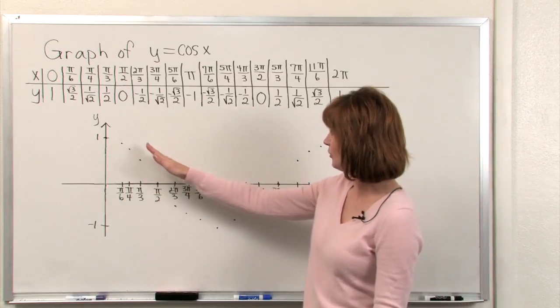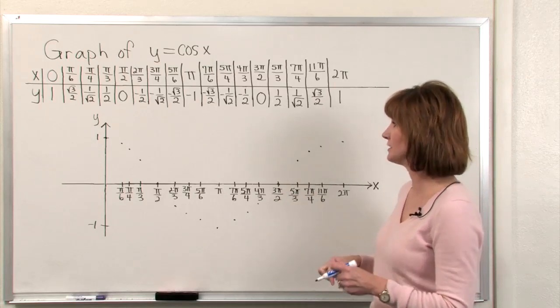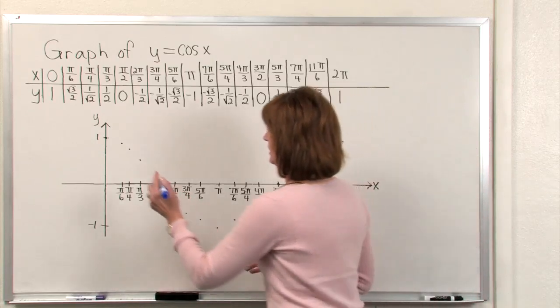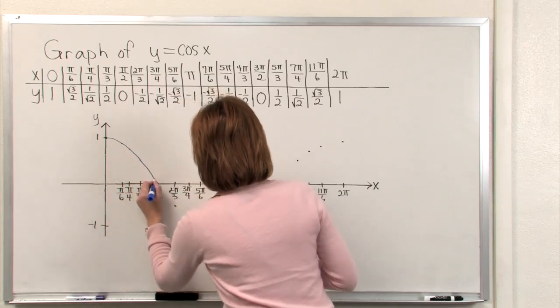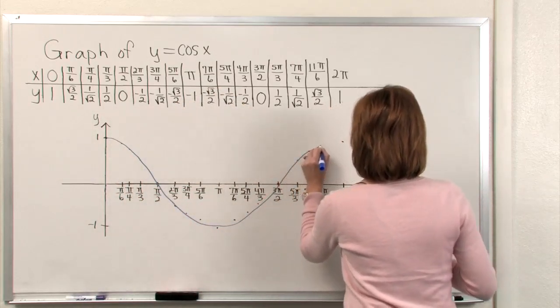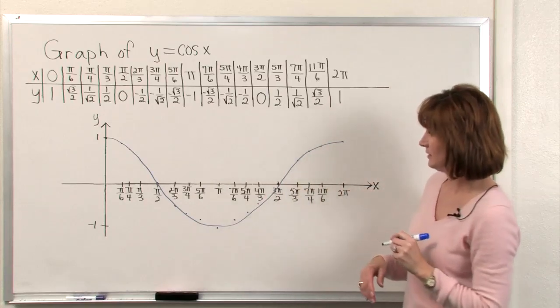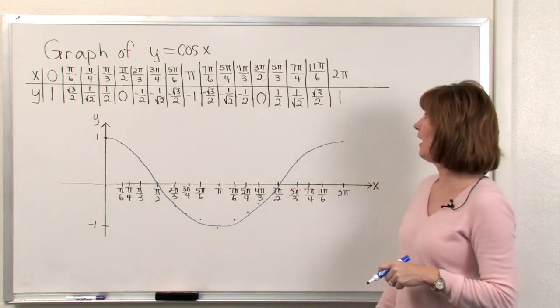Then I plotted the ordered pairs, as you can see here, so we can see what the graph of the cosine looks like. Let's connect our points. So let's see, it's going to start up at 1, go down, and do this.